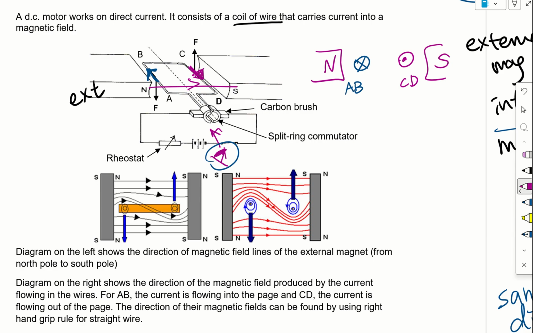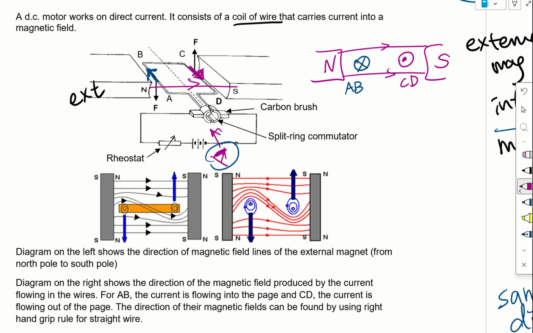I will have my first finger pointing to the right, because the direction of the external magnetic field is from north to south, going from left to right. So my first finger is pointing to the right of the screen.